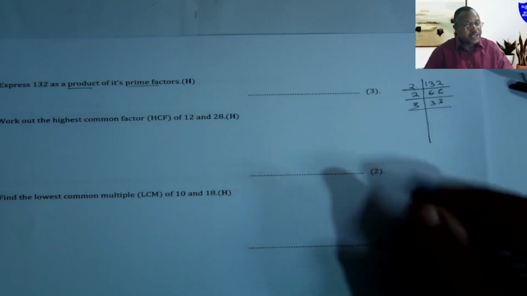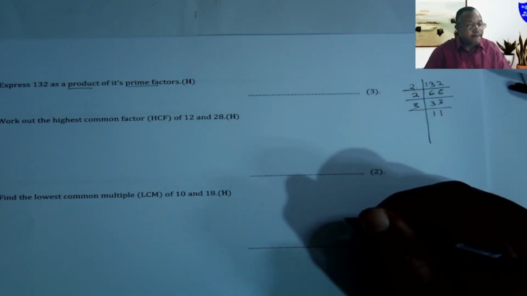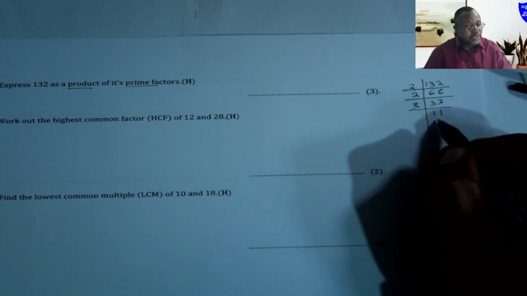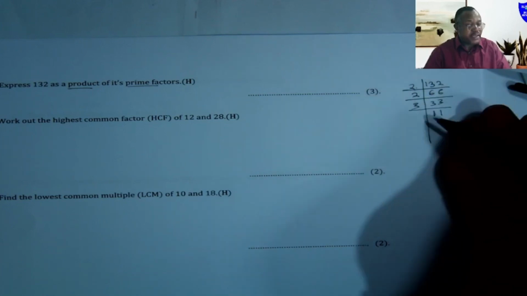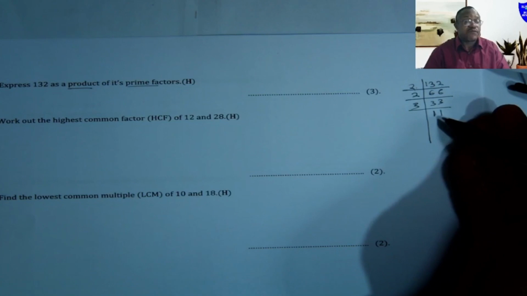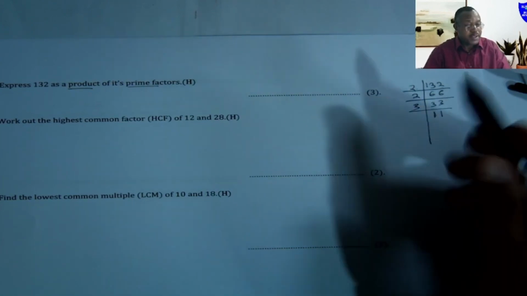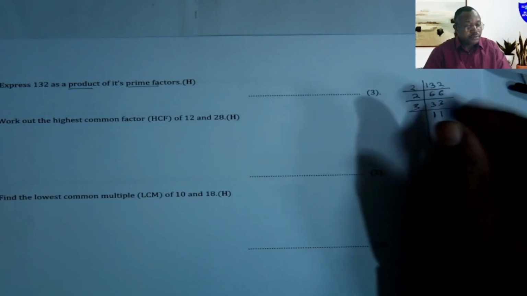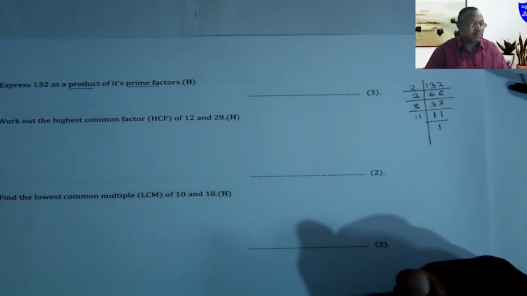I think 3 can. 3 will give us 11. We don't have any other prime number that can divide 11 exactly apart from itself. So 11 can only be divided by 11, and it gives us 1.